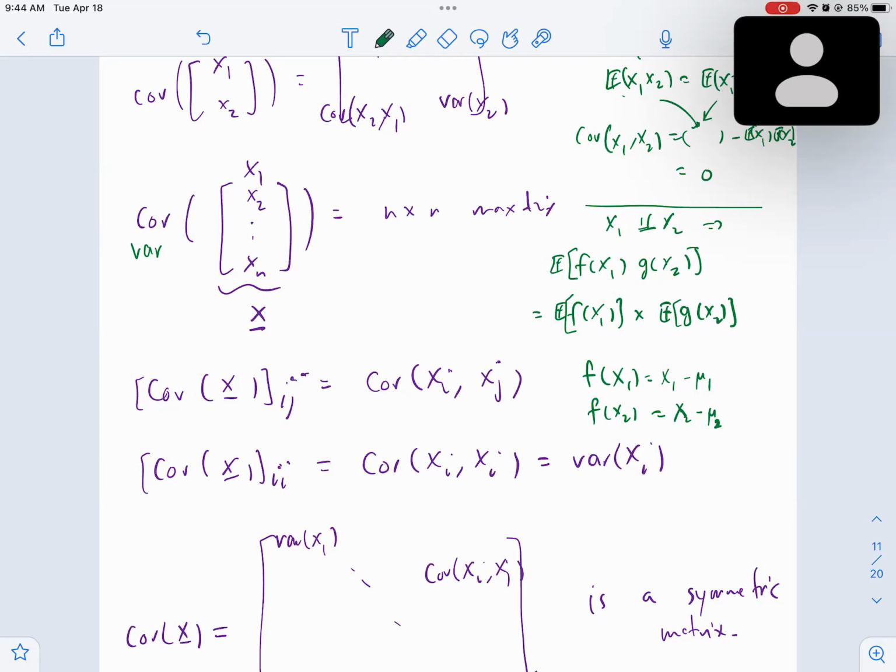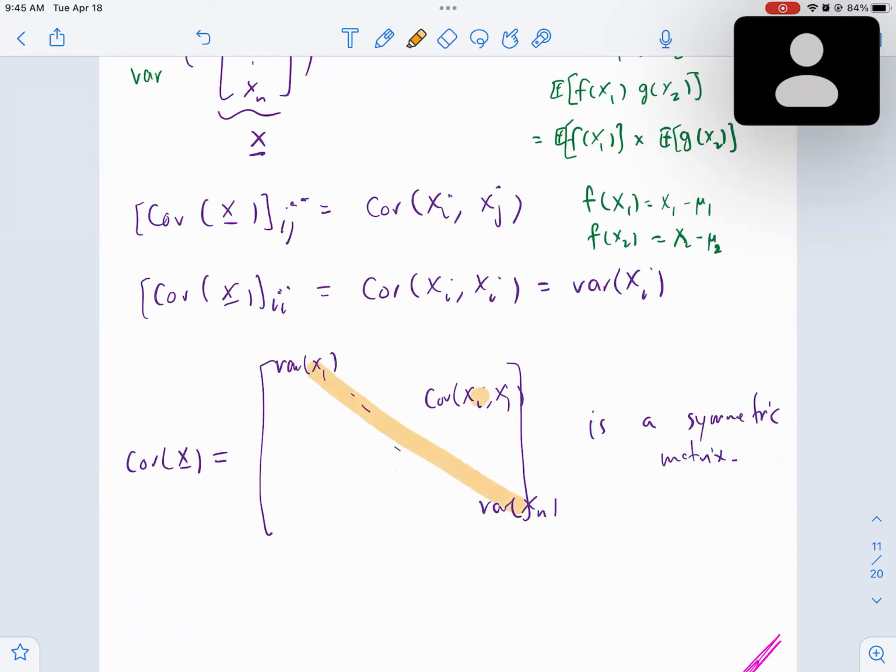So this is going to be an n by n matrix if there are n coordinates. And the ij-th entry is going to be covariance of xi, xj. And the ii-th entry is going to be similarly covariance of xi and xi. And it's not hard to see that the covariance of xi and xi is just the variance of xi. So the diagonal is going to be the variances of x1 up to xn. Off diagonal is going to be covariance of xi, xj.